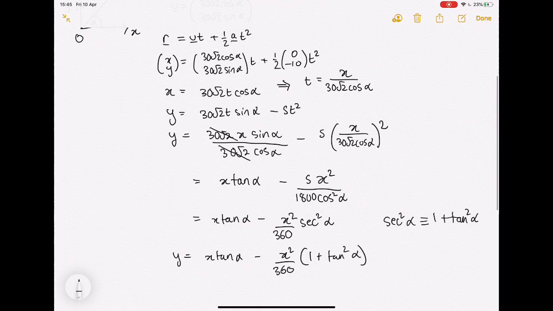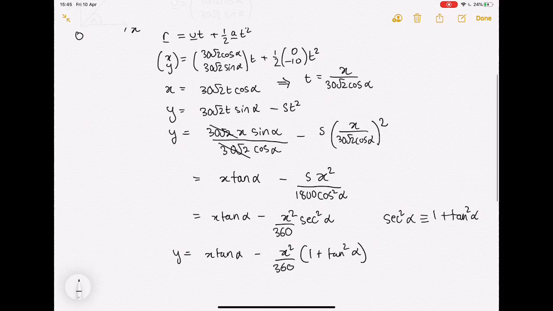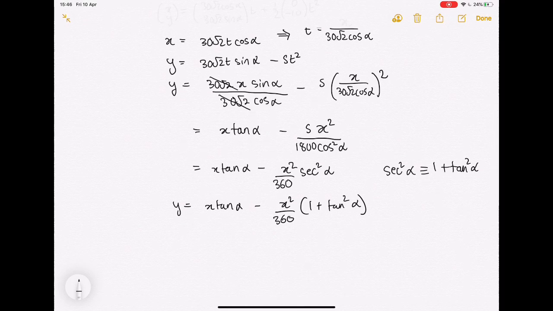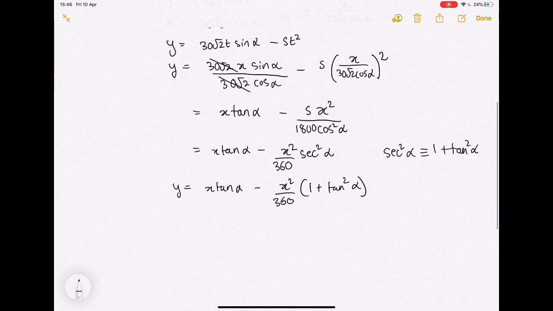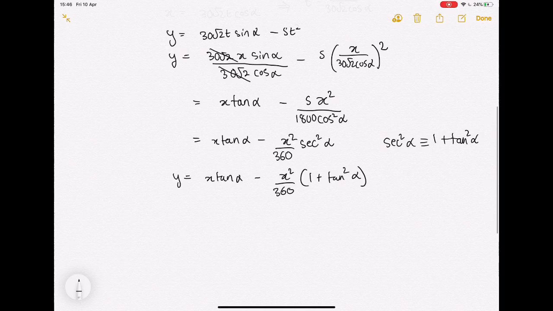Okay, in part 2, we are told that the golf ball just clears a tree 5 meters high, which is 150 meters horizontally from the tree. Find the two possible values of alpha.